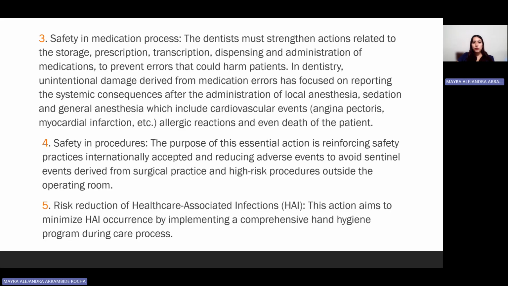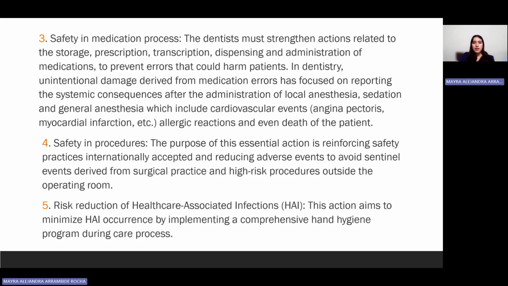In dentistry, unintentional damage derived from medication errors has focused on reporting the systemic consequences after the administration of local anesthesia, sedation, and general anesthesia, which include cardiovascular events, allergic reactions, and even death of the patient.